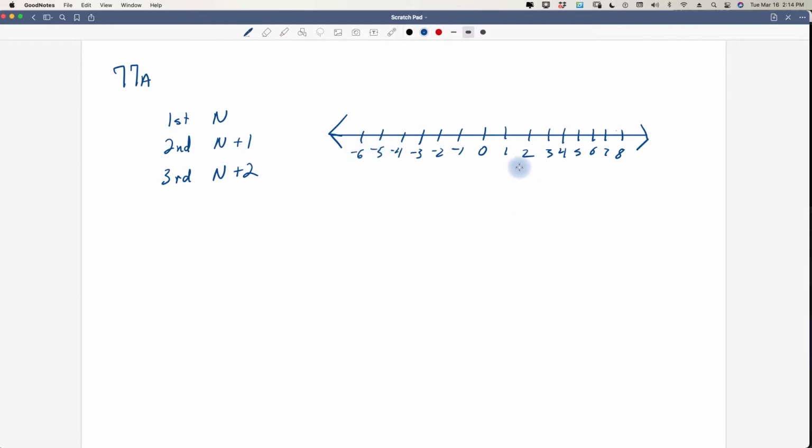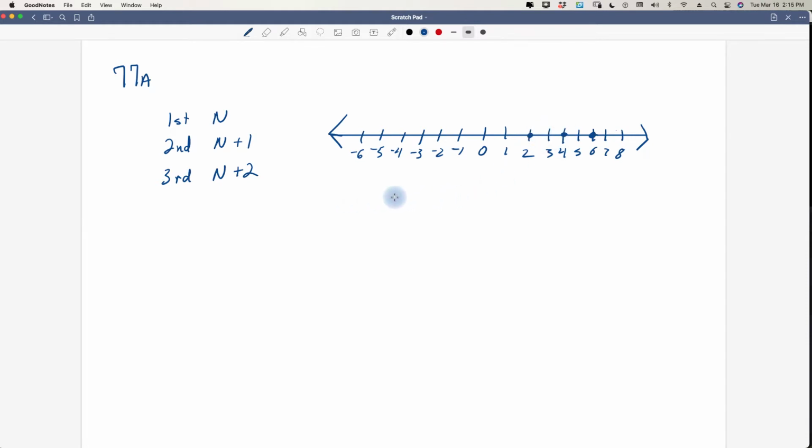Let's say that we want to find even integers, okay? That could be 2, that could be 4, that could be 6. Well, in order to get from 2 to 4, we can't add 1, we have to add 2.